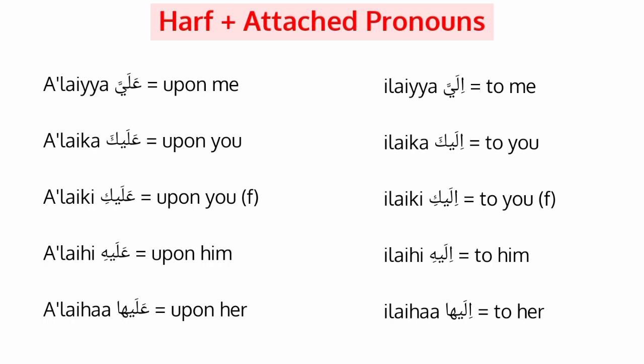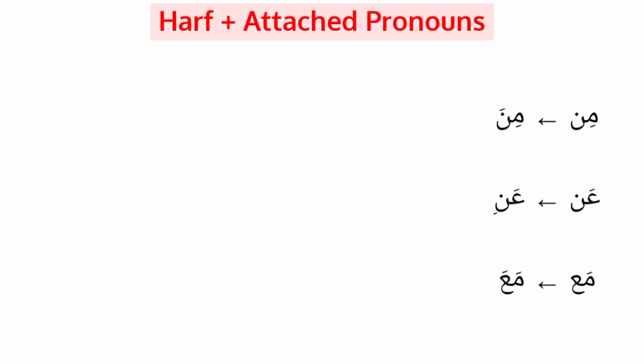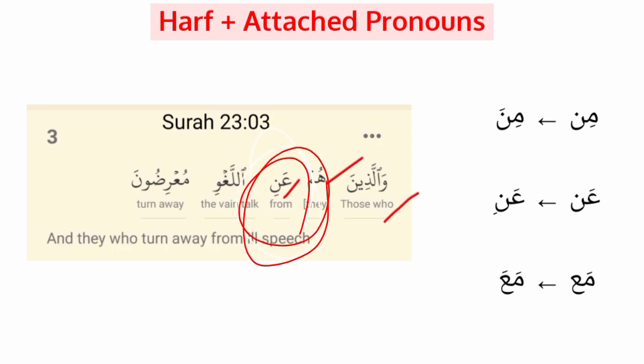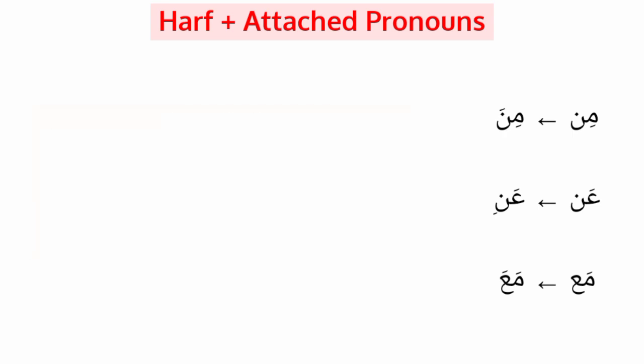A small piece of information still remains that I said I will tell you later on. Min becomes mina, and yesterday I showed an became ani. So some of the harf of case 3 get a symbol with them, and this is a fixed symbol. Min will only become mina, and an will only become ani. When will this happen?